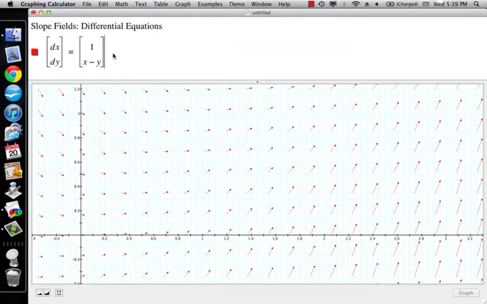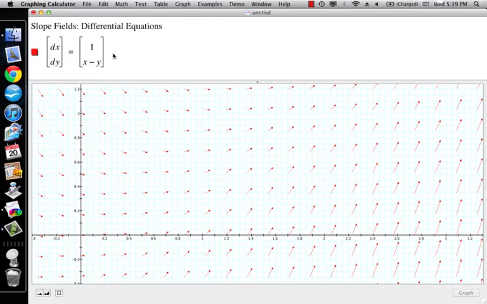Now this is a first order linear differential equation, so I will be doing how to solve these in the future. In my introductory video I already gave you the solution, so you should be able to pause this and figure out how to do dy/dx equals x minus y.